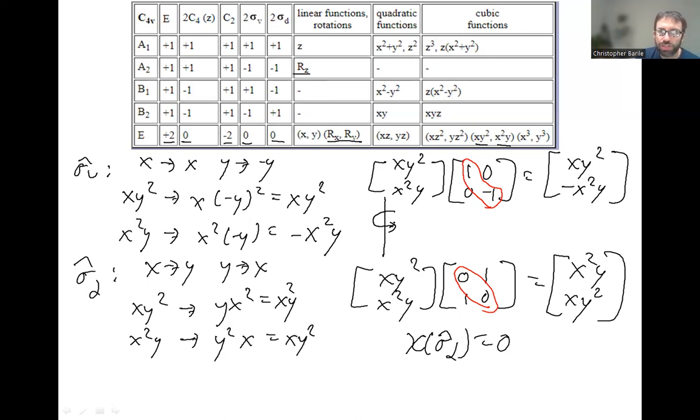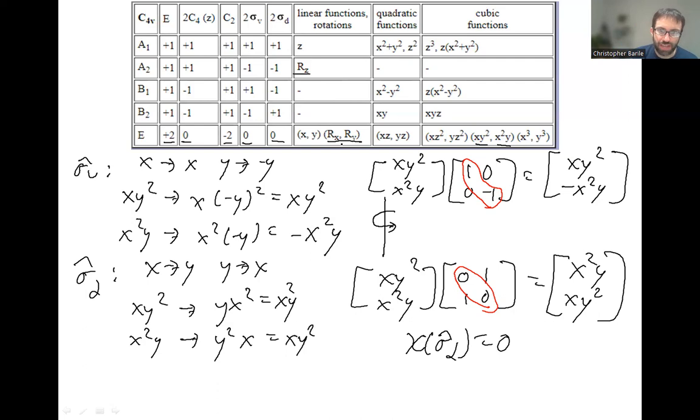And basically what you do is you look at if this changes direction. You can define it as counterclockwise or clockwise to begin with. And then if an operation flips it to be counterclockwise, then you know that you have a -1. It's anti-symmetric.